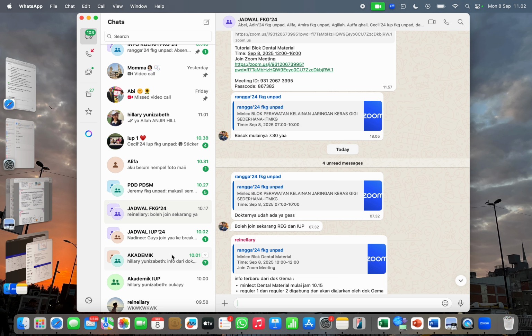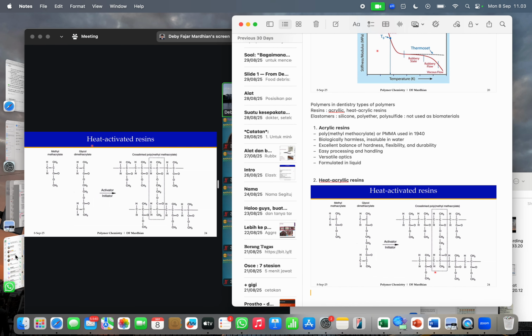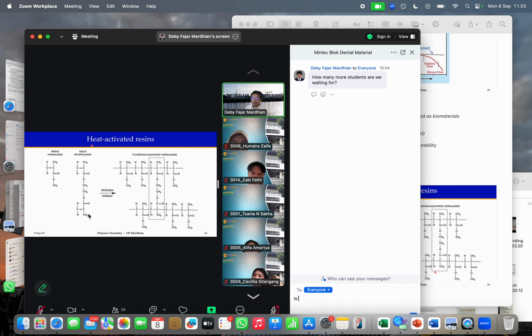What is the initiator or the activator of this reaction? I'm already pointing the clue here. The heat.